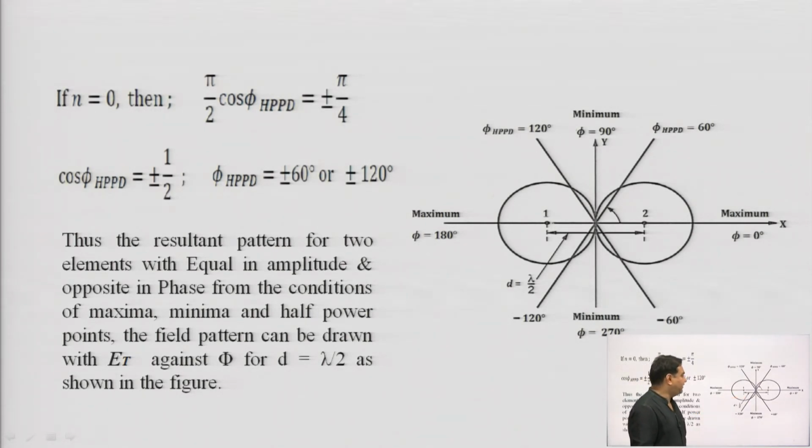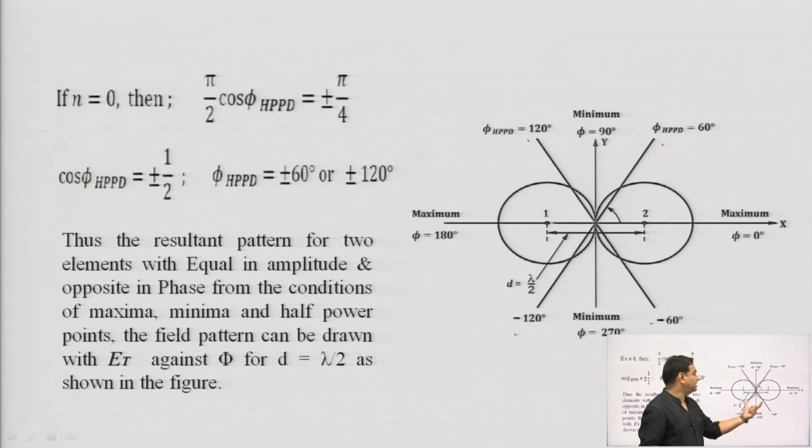So, simply we see that the different directions are drawn firstly, because we know that the horizontal directions are the maxima directions, vertical directions are minima directions, and these 120 minus 60, 60 minus 120, these are the directions for the half power points.